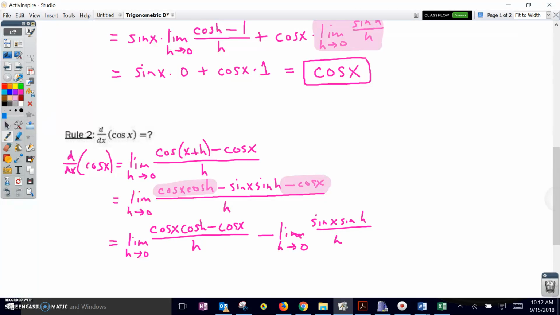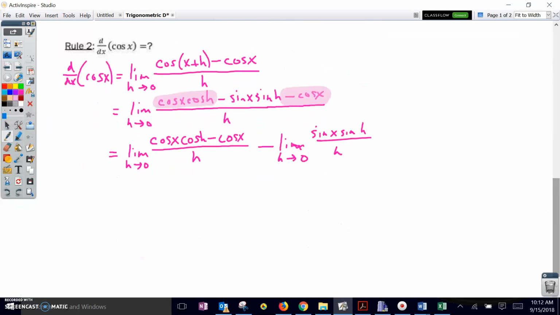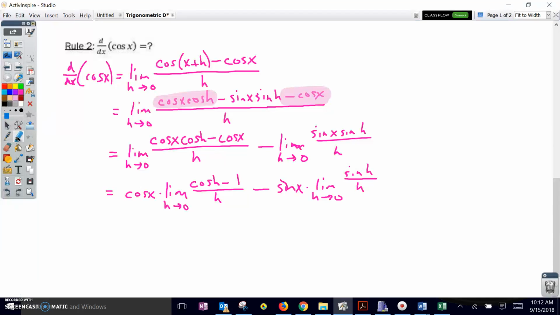And now we're going to factor out the constants from both of these limits. So it's going to become cosine of x times the limit as h goes to 0 of cosine of h minus 1 all over h, minus sine of x times the limit as h goes to 0 of sine of h over h. And we found both of these limits in the last example.